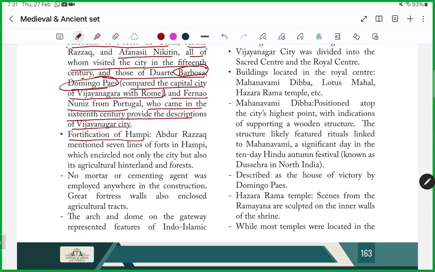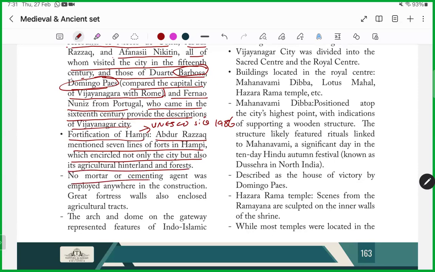Fortification of Hampi. Hampi was declared a UNESCO site in which year? 1986. Okay, very good. 1986. Please revise. So fortification of Hampi: Abdul Razzak mentioned 7 lines of forts in Hampi, which encircled not only the city but also its agricultural hinterland and forest.